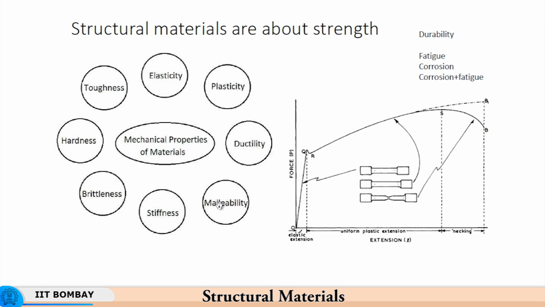Now if you look at the structural materials, we have already discussed different aspects of strength, elasticity, plasticity. So what does it mean to us? In the case of metals, for example, if you were to take a piece of metal and pull it in uniaxial tension, so you are pulling along this horizontal axis, then it will undergo a change in shape, meaning it will elongate.